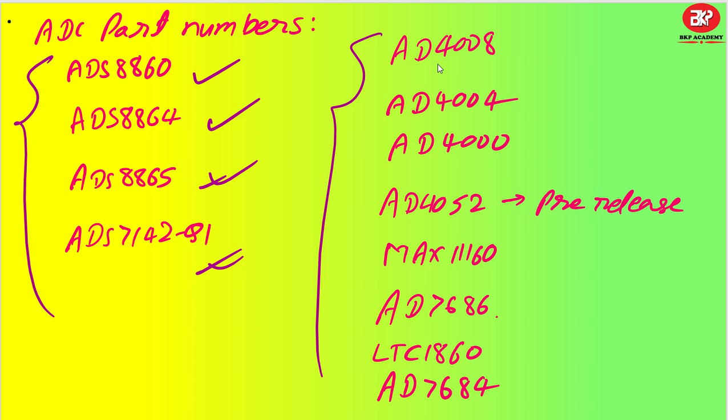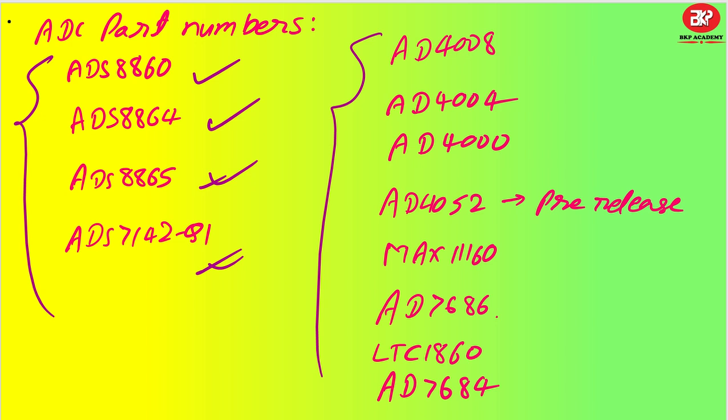Let us say we have AD4008, 4004 or 4000. If you want to go for higher speeds and higher accuracies, you can go ahead with these ones as well. Similar to that, we have Maxim Integrated ICs and Linear Technology ICs, which are used in various applications for ADCs.